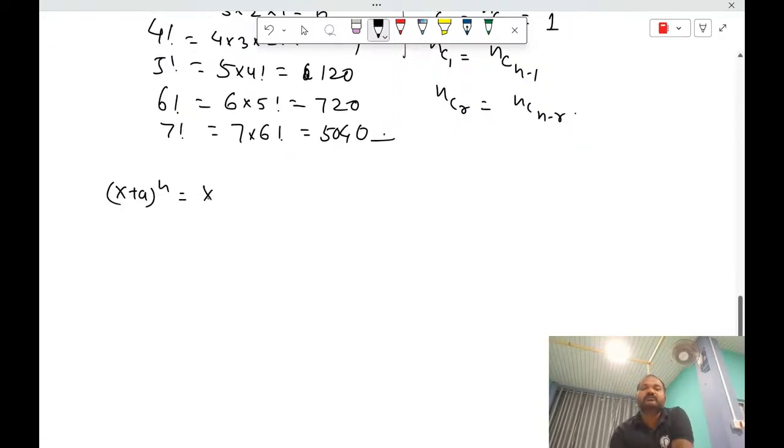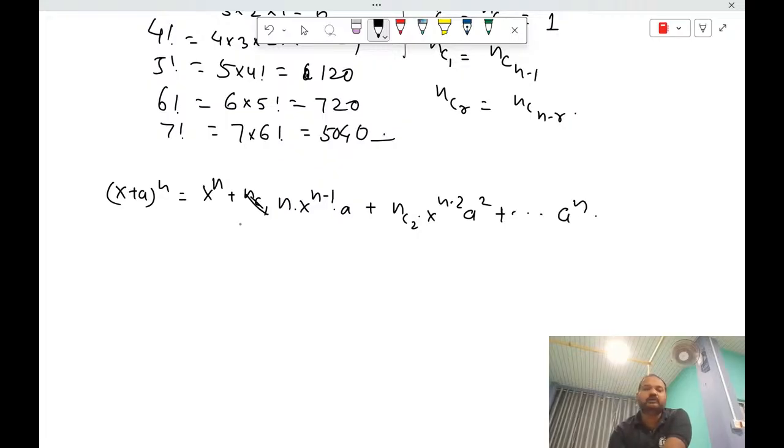So its value will be x to the power n plus nC1. nC1 is actually n, into x to the power n minus 1 into a, plus nC2 x to the power n minus 2 into a square, and it will go up to nCn, which is 1, and x to the power 0 will be 1. So the last term will be a to the power n.